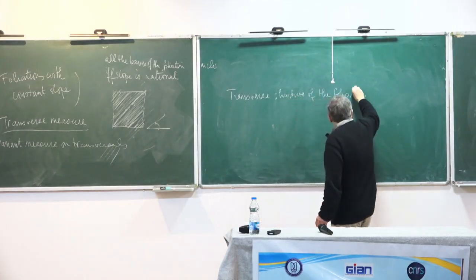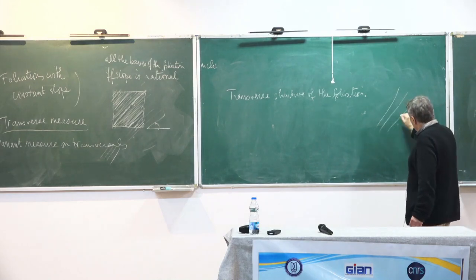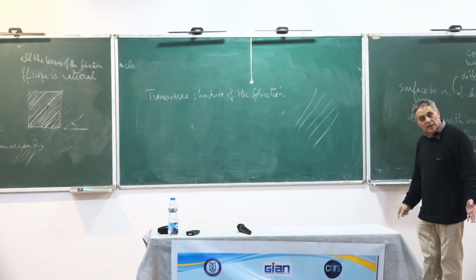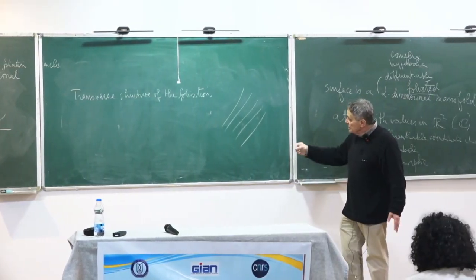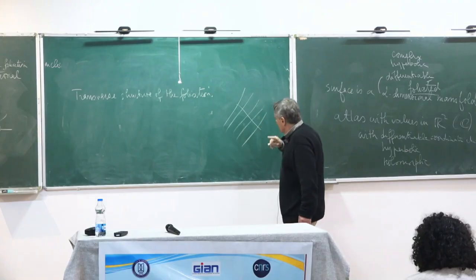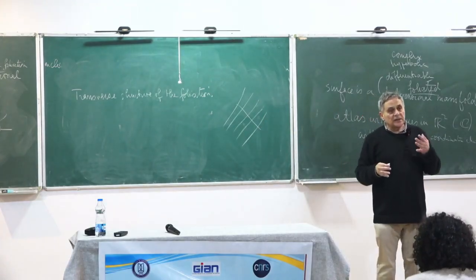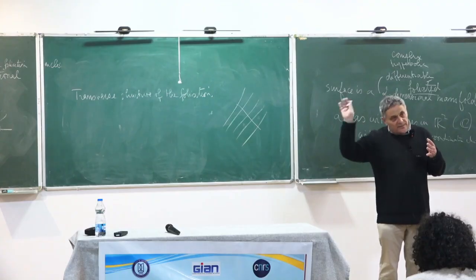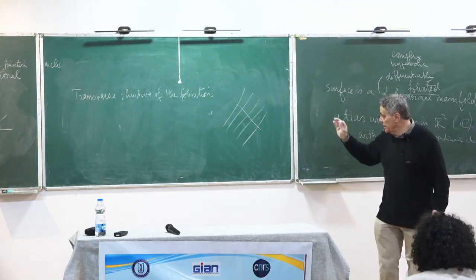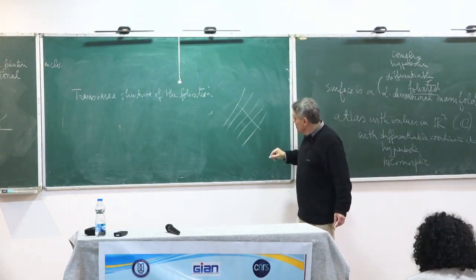Let me say it in just a couple of words. I have a foliation. Here it's one-dimensional. It could be two-dimensional, it could be n-dimensional. The transverse structure of the foliation means I take a transverse curve, or if the foliation is n-dimensional in an m-dimensional manifold, I take an m minus n transverse. Here it's only one dimension, and I take a transverse curve.